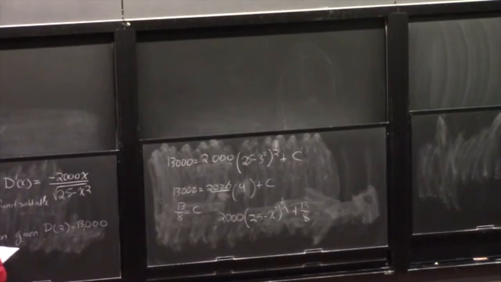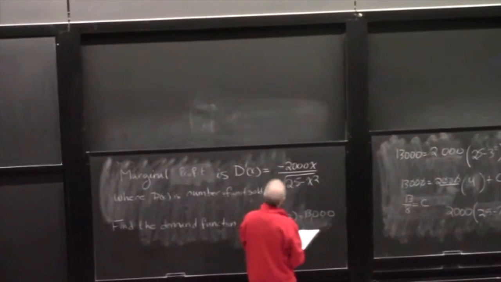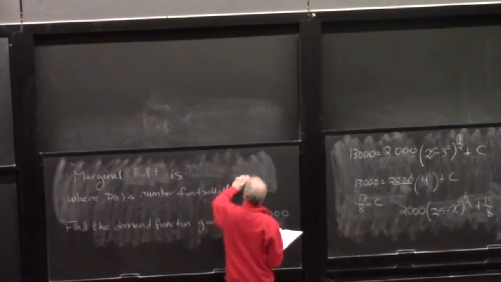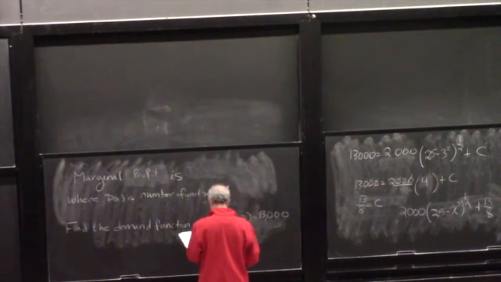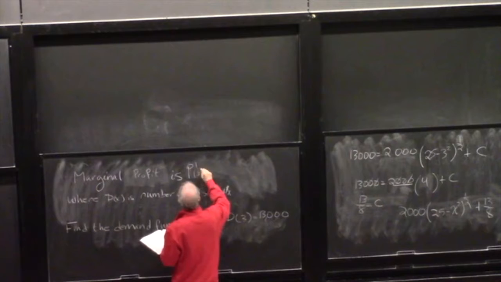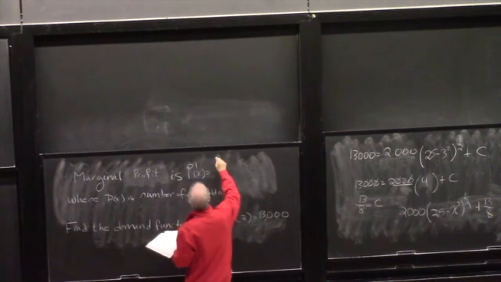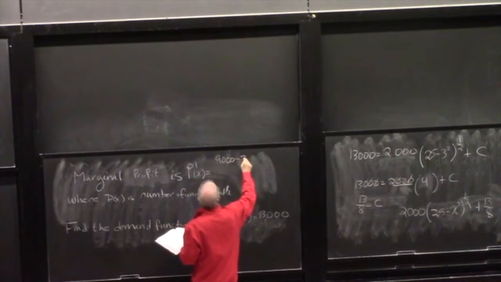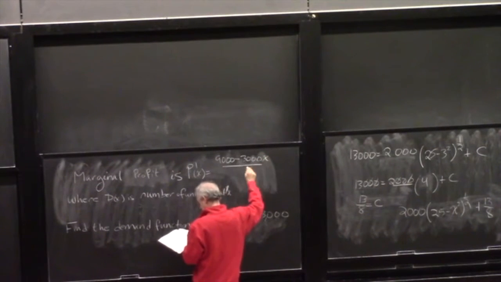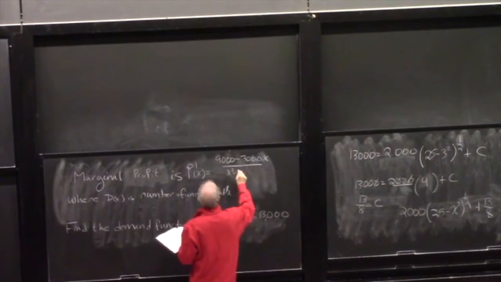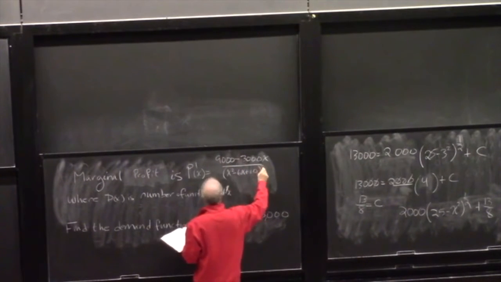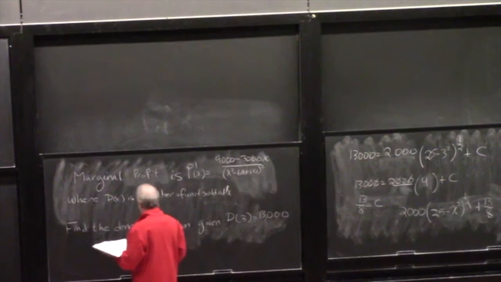The marginal profit is 9,000 minus 3,000x over (x squared minus 6x plus 10) squared, where p is the profit.